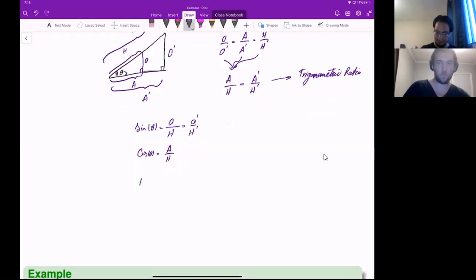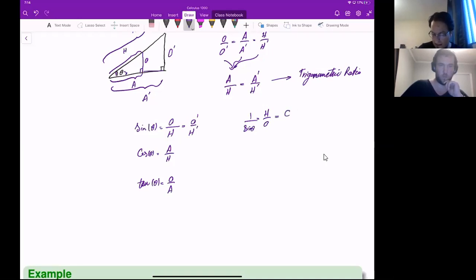And then tan theta, well, I can choose opposite over adjacent. And then you can change the order. For example, how about H over O? Yes, that is 1 over sine, but we have a name for that, and that name is cosecant.